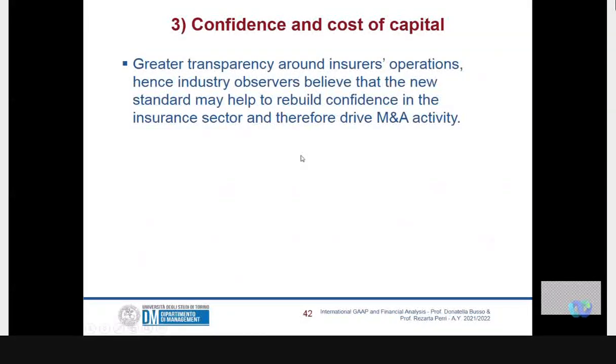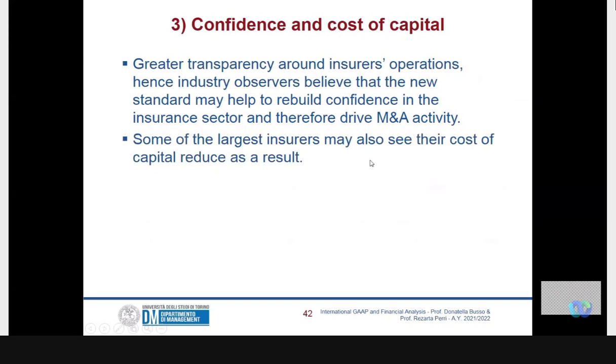The third point that we need to mention is the confidence. Greater transparency, of course, is always great. Some of the largest insurers may also see that their cost of capital may reduce as a result, because the higher quality the information you offer, the easier it is for the investors and creditors to access the capital of the company, and the cost of the capital actually decreases.